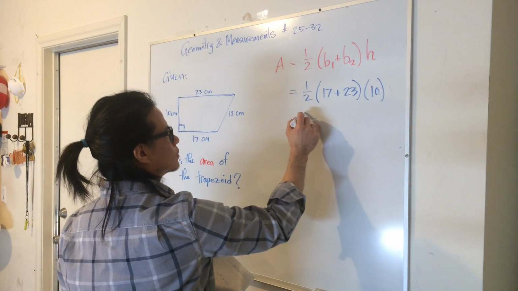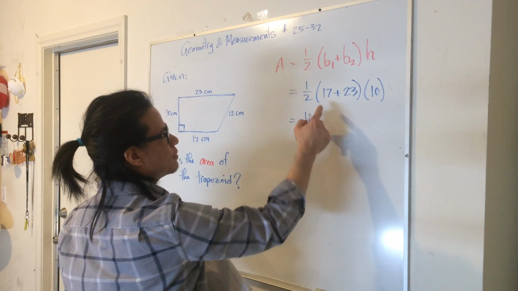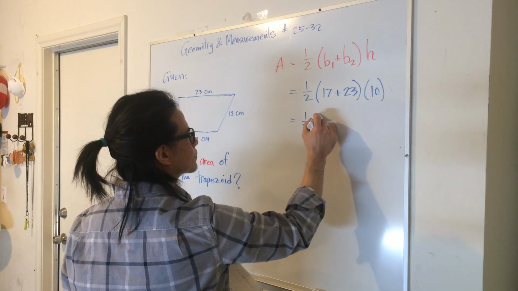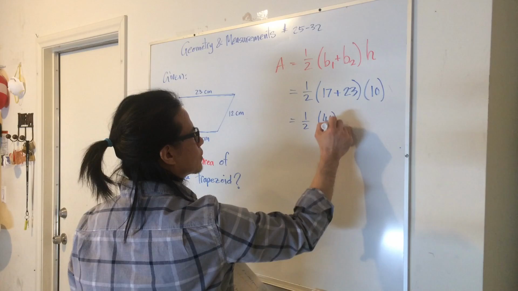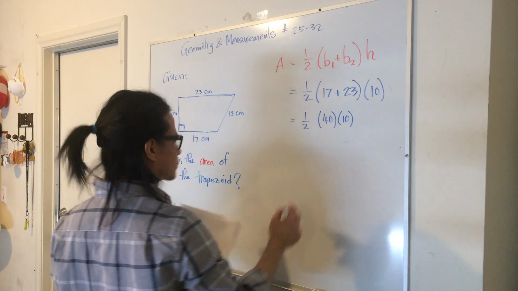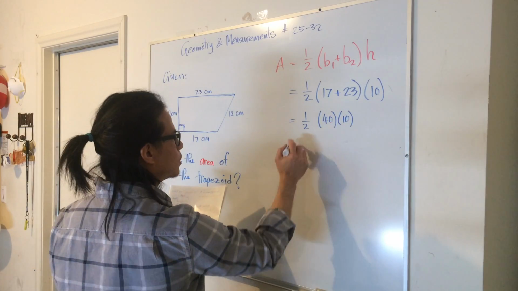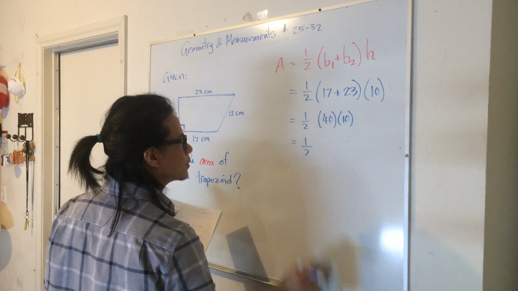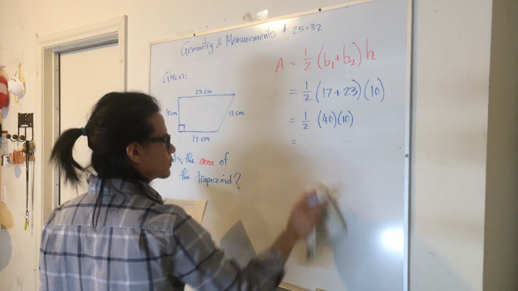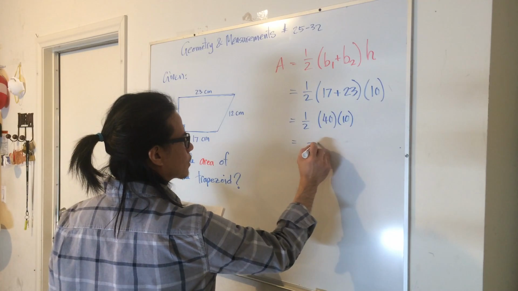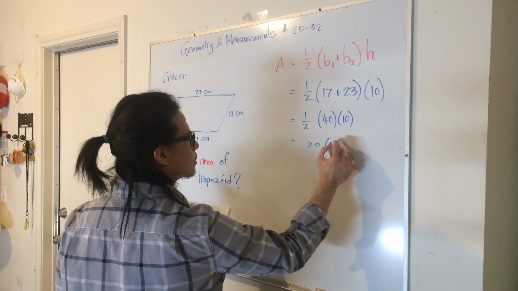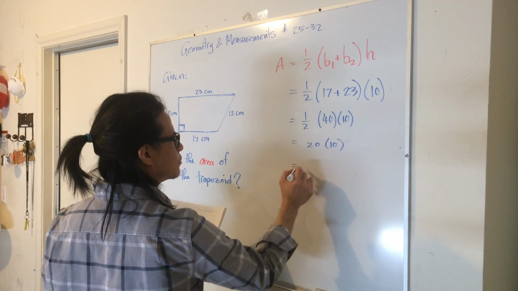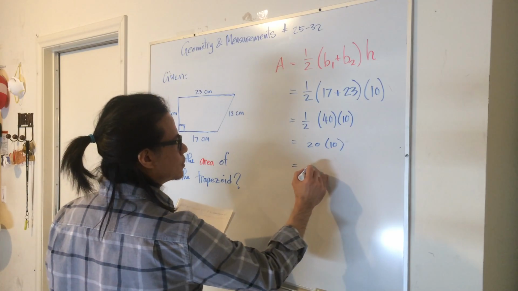Okay, so 1/2. 17 plus 23 is 40 times 10. So half of 40 is 20 times 10. And this is equivalent to 200.